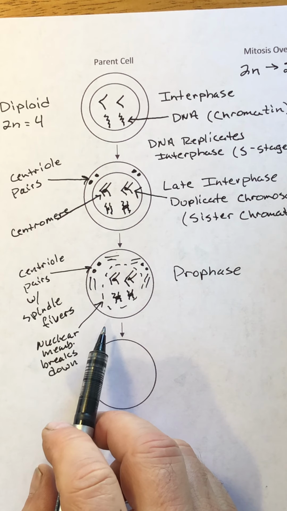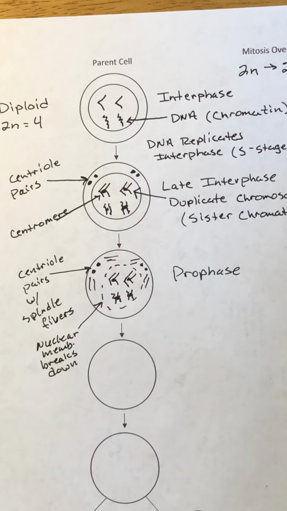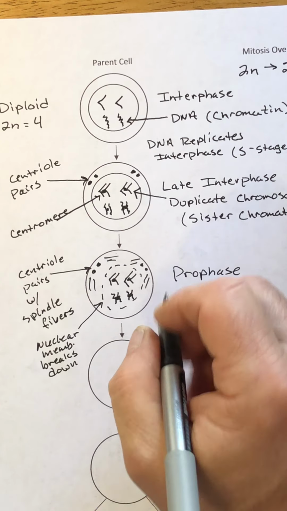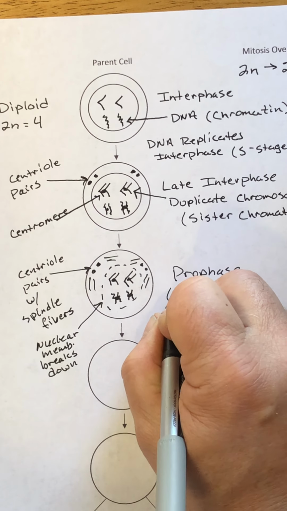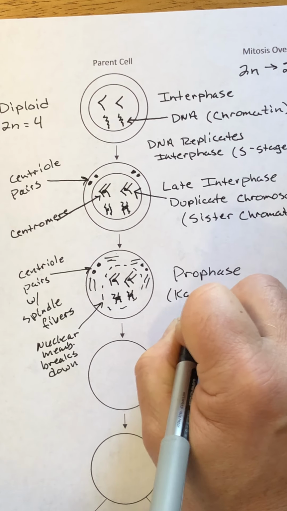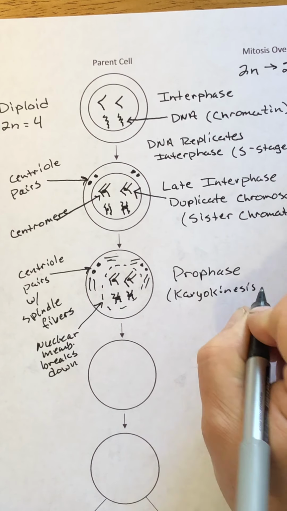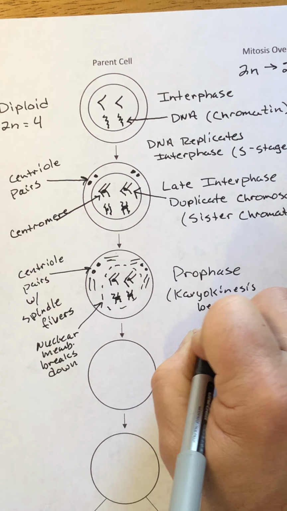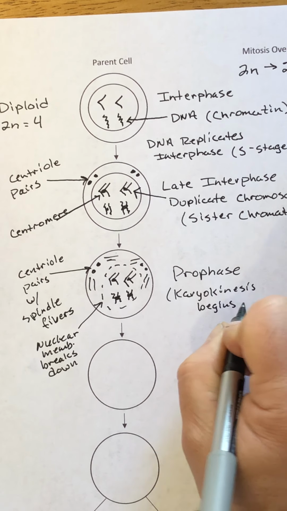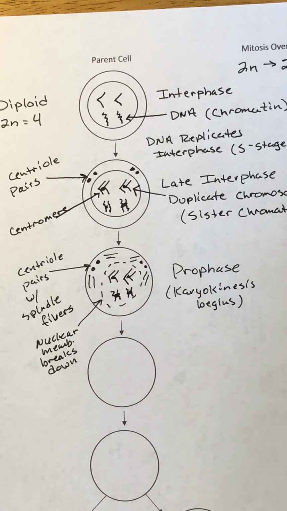The breaking down of the nuclear membrane really is the beginning of the first major process of cell division, which is called karyokinesis. And so in prophase, karyokinesis begins, and it really begins with that breaking down of the nuclear membrane.